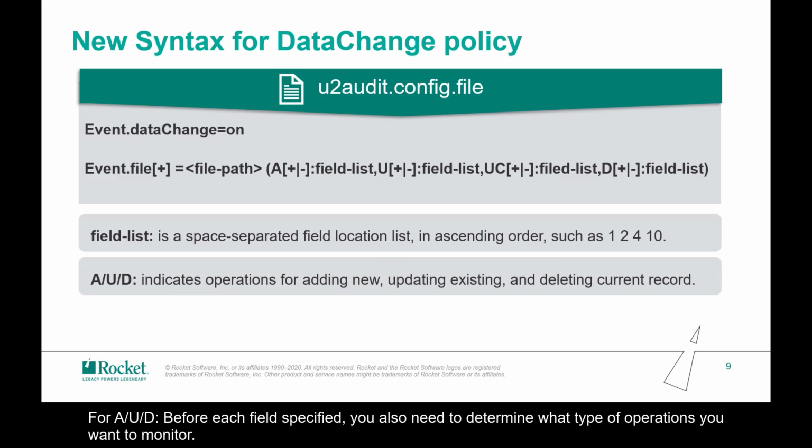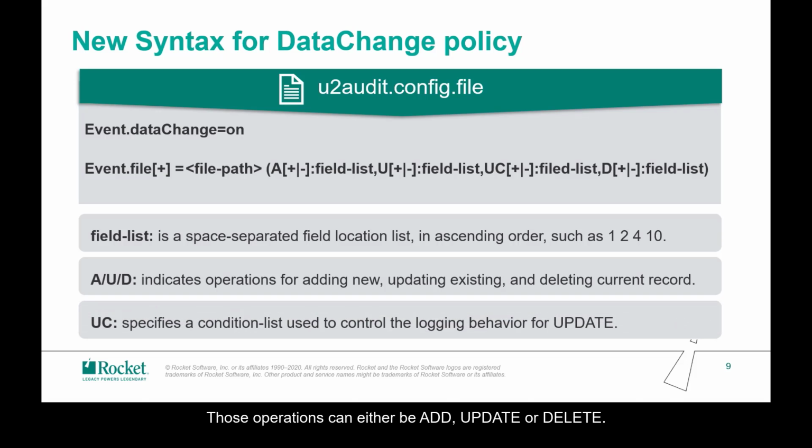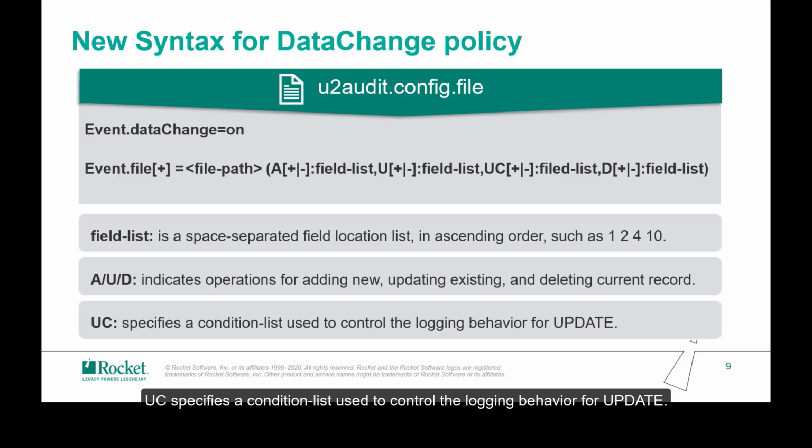For A, U, D, before each field specified, you also need to determine what type of operations you want to monitor. Those operations can either be add, update, or delete. UC specifies a condition list used to control the logging behavior for update.